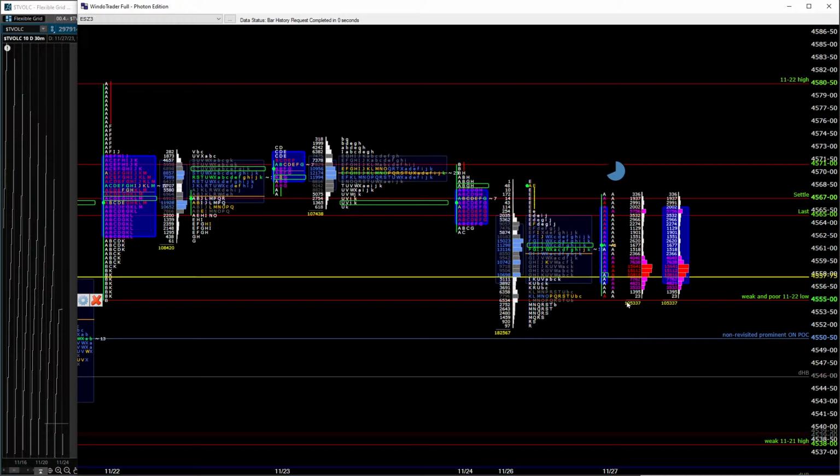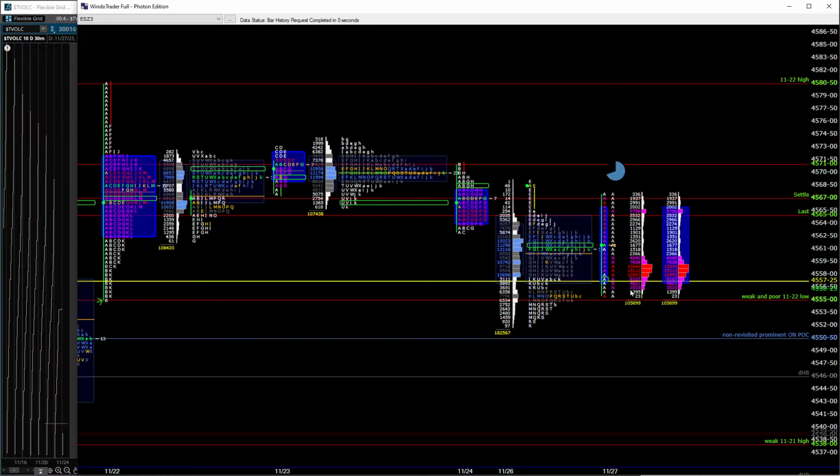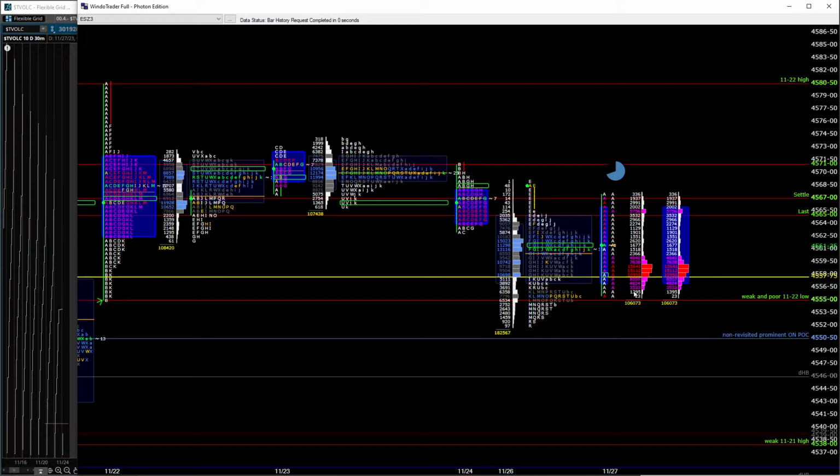It's trying to go lower, but it just doesn't happen now. Three quarters into the period, I should have seen some extension here of this range.